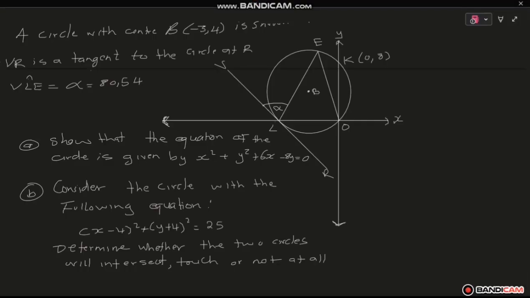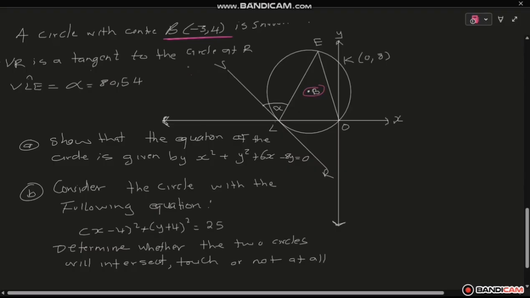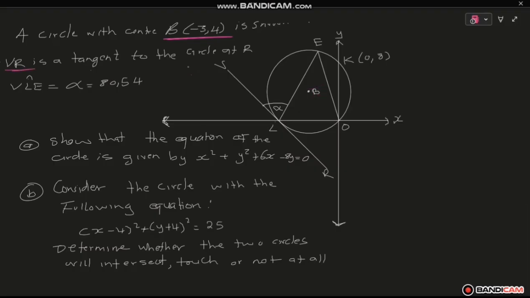So we are given the center here, as we can see, the center of the circle, and they said that VR is a tangent. So where's VR? Here's VR as I'm highlighting.